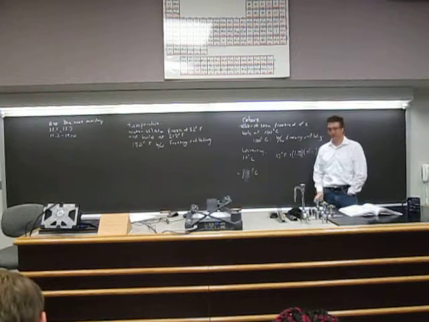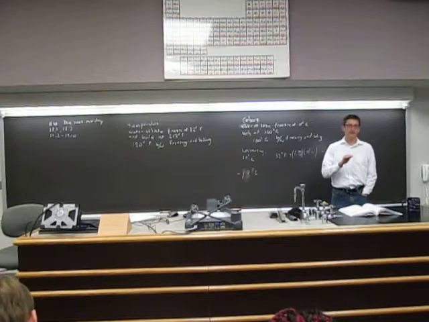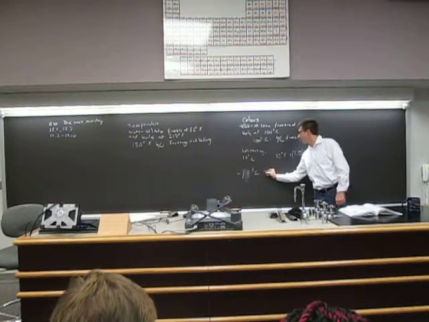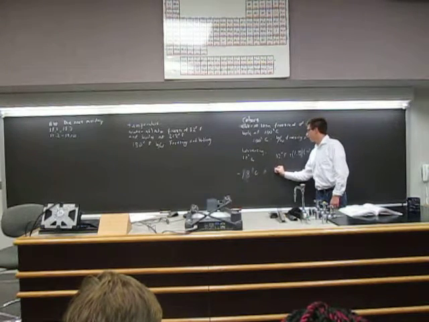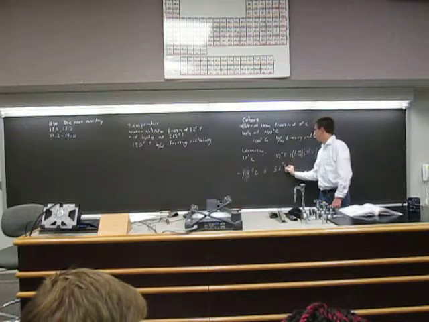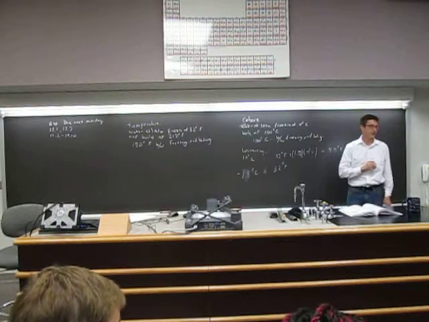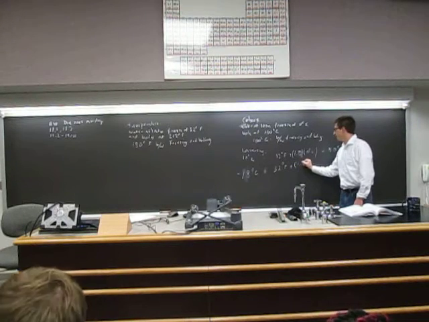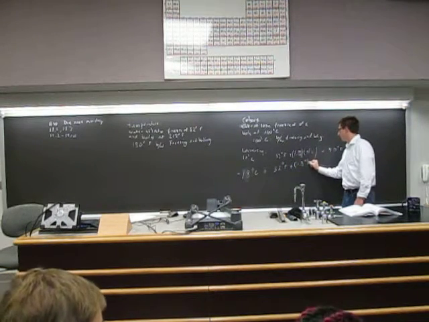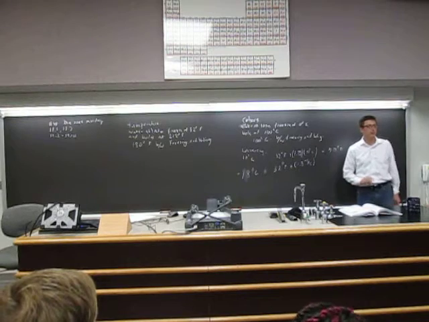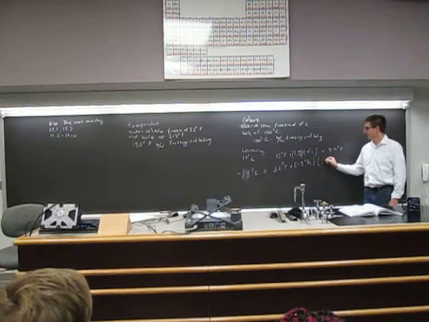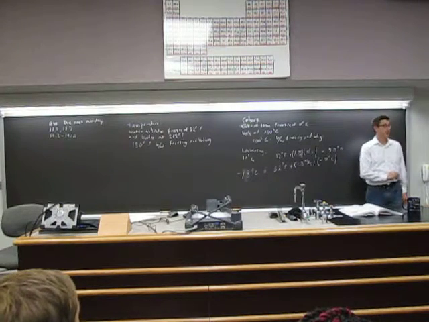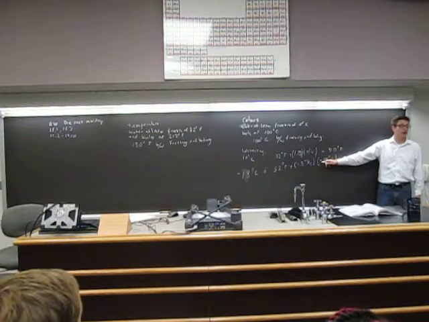All right, so let's just do it very carefully. What you do is you take 32 degrees Fahrenheit, just take that plus 1.8 degrees Fahrenheit per degree C times whatever the temperature is in Celsius, negative 18 degrees C. It doesn't matter whether it's a positive or negative sign.